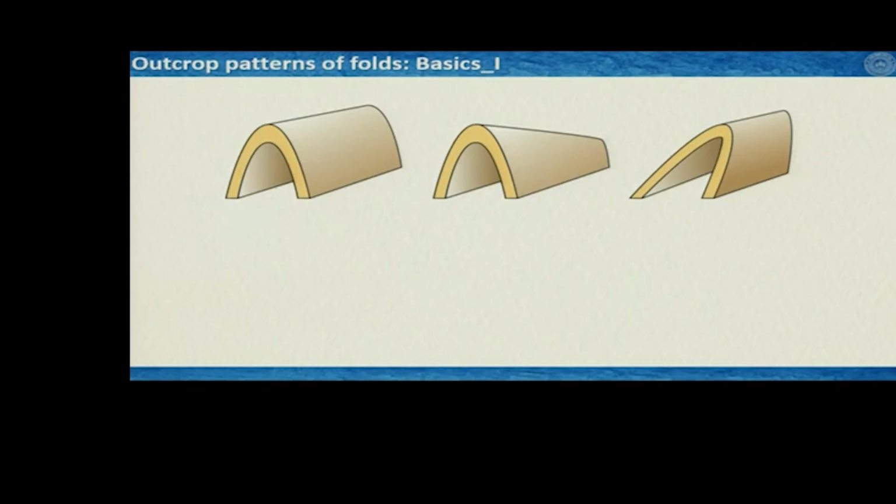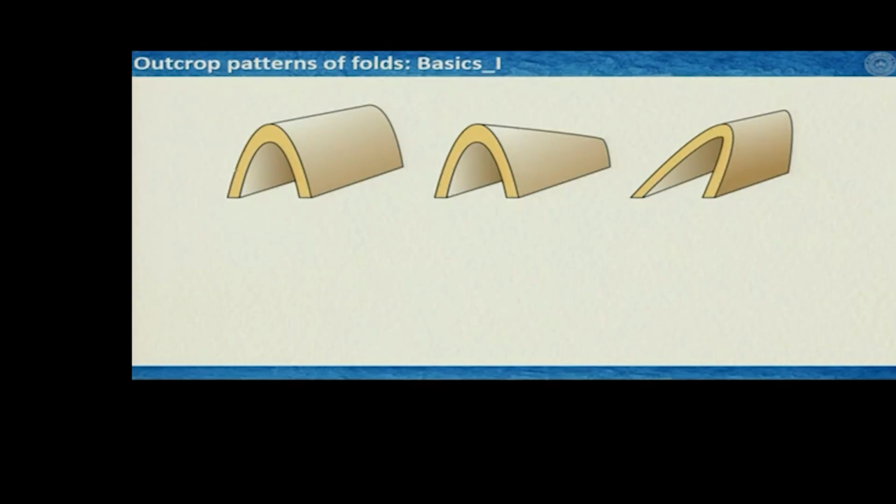What I mean by this is that after the folds are formed, they can break or we can see them in any section, and these are their appearance on the outcrop scale. What do I mean by that? If I make a horizontal section like this here, then the fold will appear.